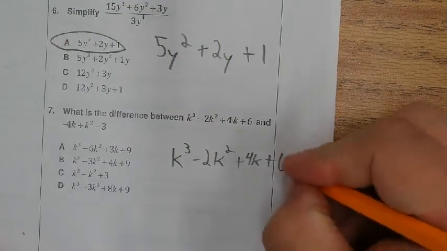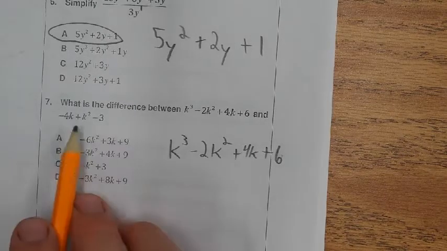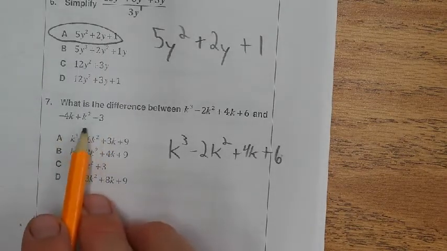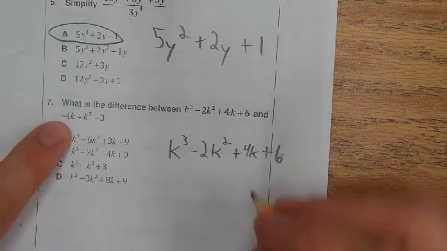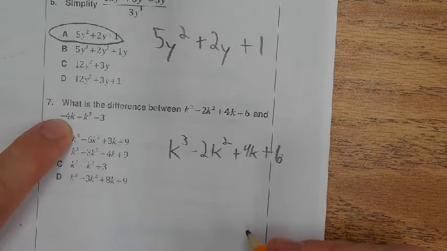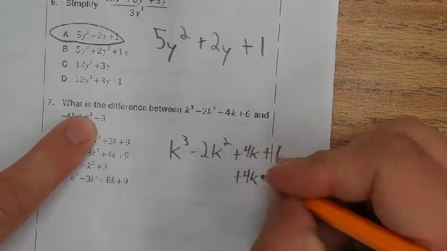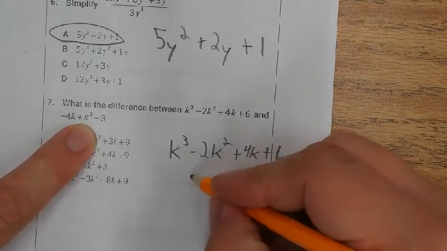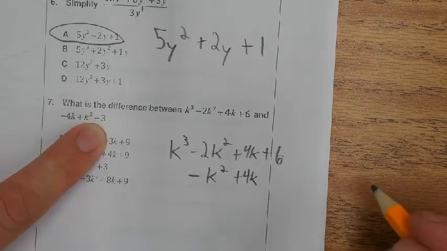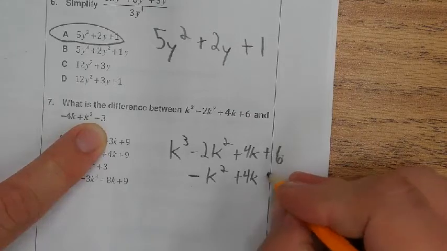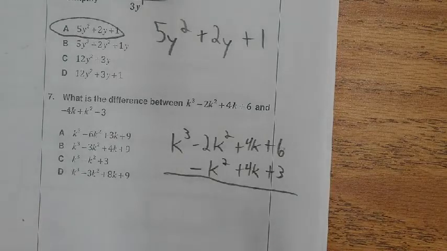Whenever we subtract, first you're going to need to combine your like terms. So this minus 4k, we're going to put it here. Whenever you subtract a negative, what's that the same thing as? A positive. So we're going to put plus 4k. Then the k squared, since we're subtracting, we're going to put minus k squared. And then since we're subtracting, what's minus a negative? A positive, so plus 3. I like to line it up like that so everything's together.